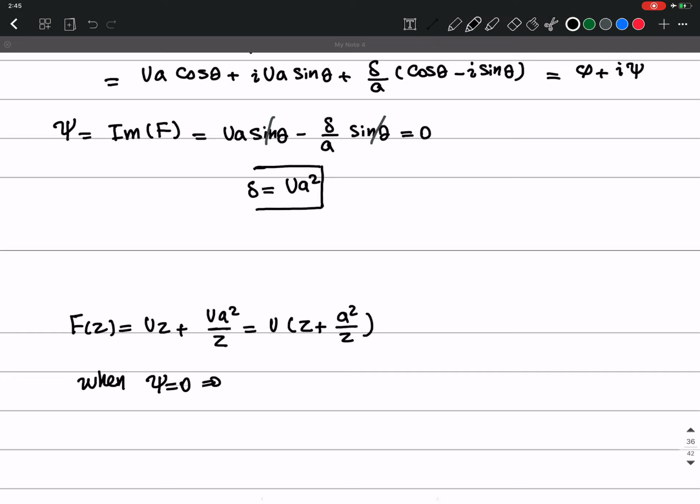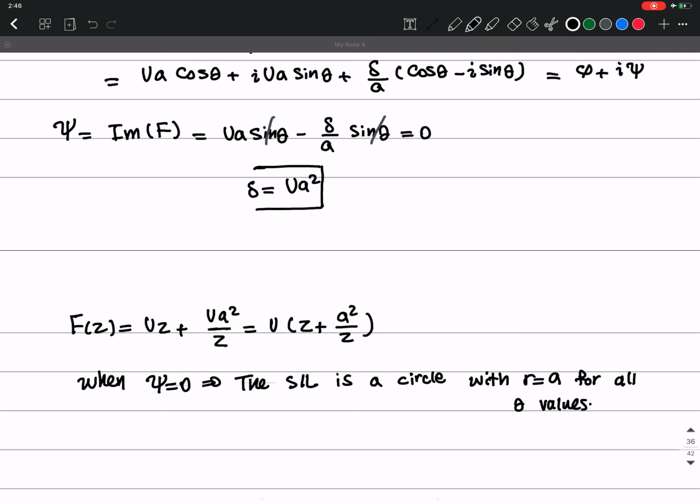as you see, the streamline is going to be a circle with r, the radius, equal to a for all theta values.